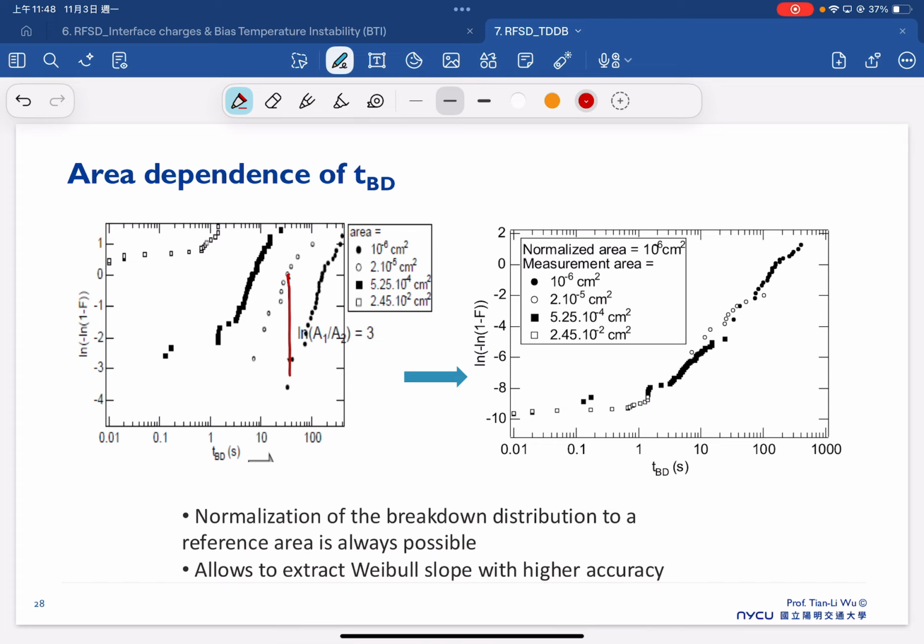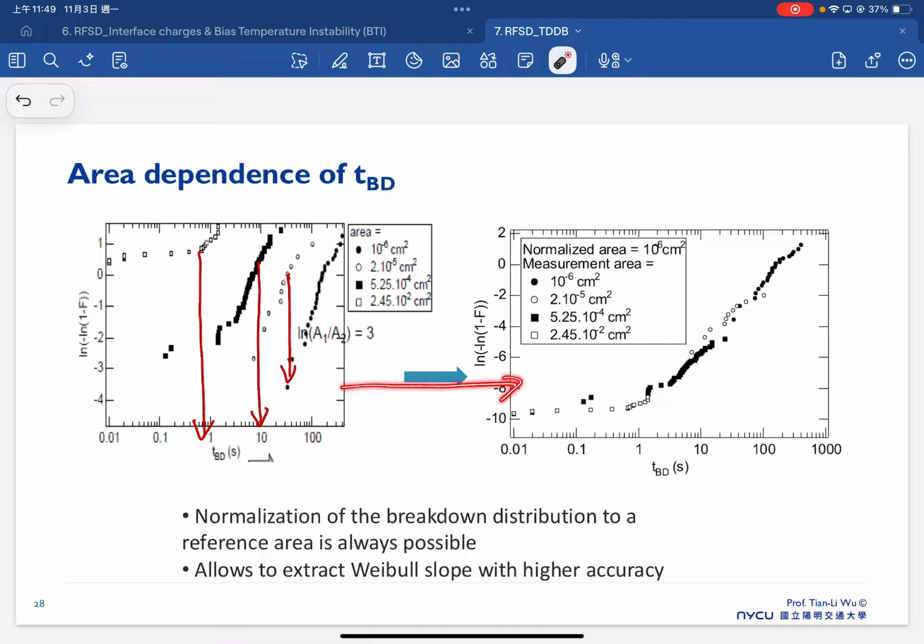This shifts to this one, this shifts to this area, this shifts to this area. We consider the small area as the one we want to normalize to. Then in the end, we can make a Weibull plot from a very wide time domain.